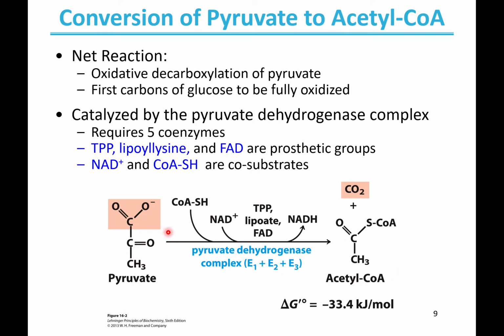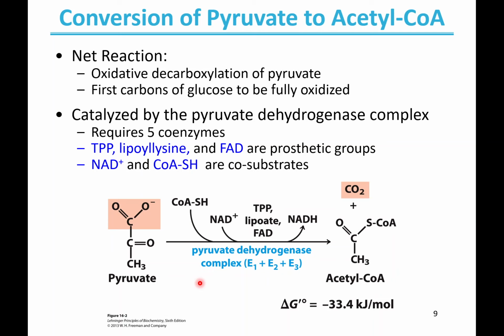And then we're doing an oxidation-reduction step where pyruvate will be giving up electrons and NAD plus will be reduced to NADH. These carbons lost as CO2 are going to be the first carbons of glucose to be fully oxidized. And this reaction, again, is catalyzed by this pyruvate dehydrogenase complex.